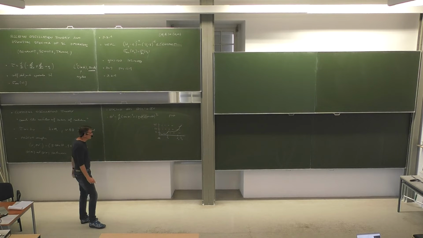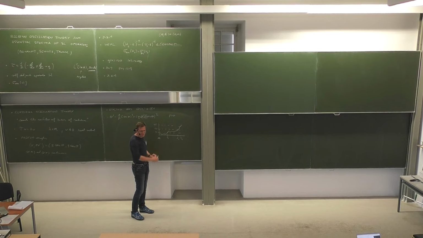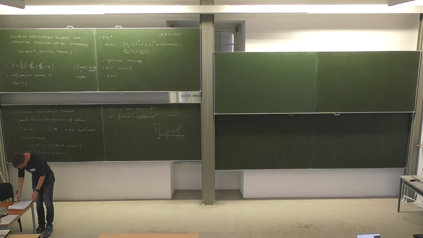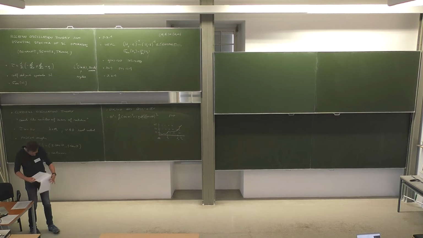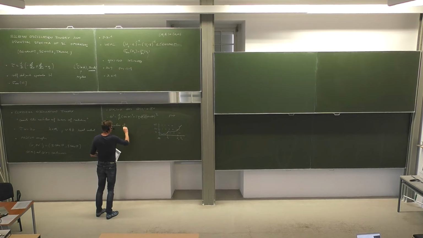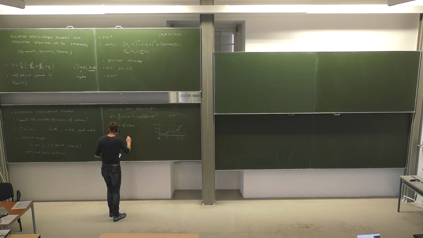And in particular, once you have the Prüfer angle, you can easily compute the number of zeros by just dividing the Prüfer angle by pi and then taking integer parts and looking at the difference. Okay? So in particular, you get that the number of zeros, let's give this a name, the number of zeros of our solution, n of u, you take the Prüfer angle at b.